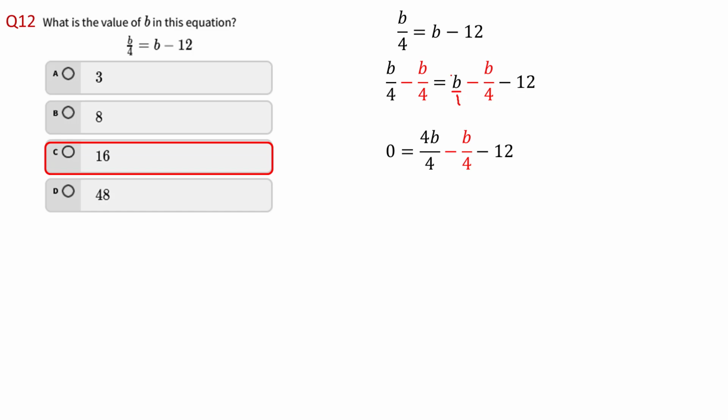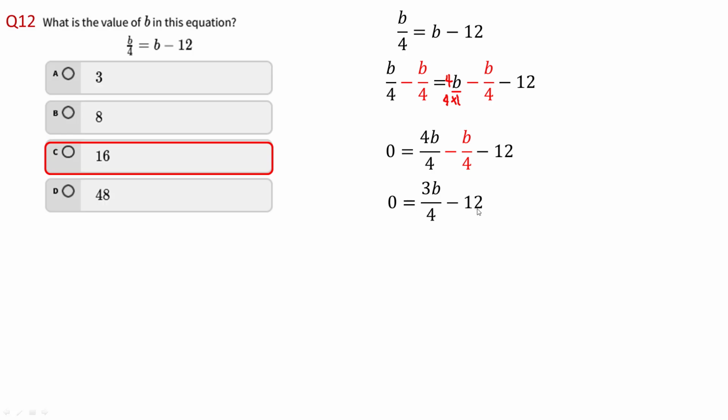So to get a common denominator, if I multiply it by 4 top and bottom, that's how this becomes 4b over 4. So I'm going to subtract this. 4b minus 1b would be 3b over 4. And so I've got my b terms collected together and simplified on the right side.